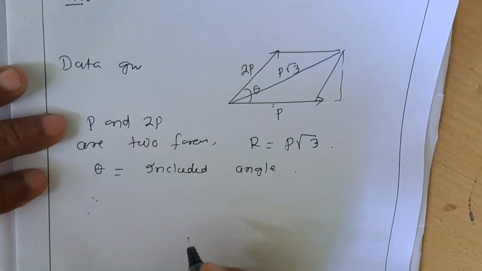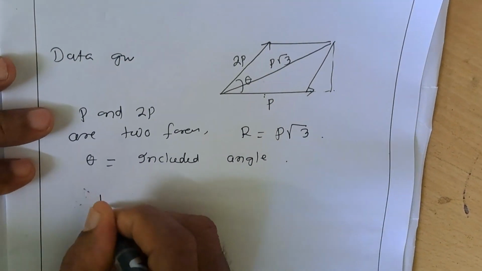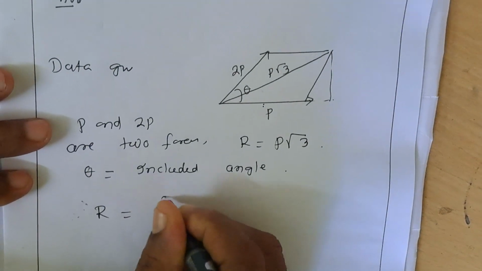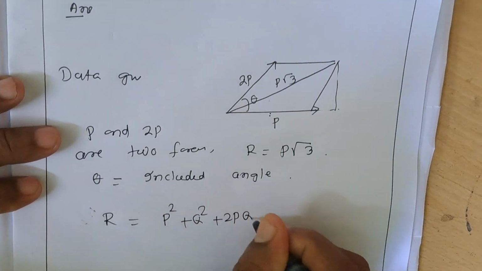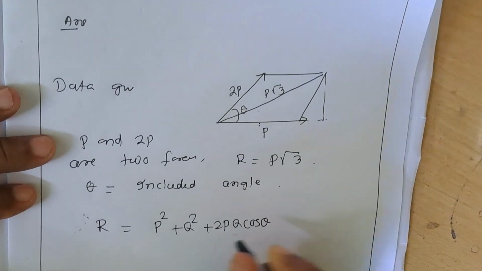Here we know that R is equal to root over P square plus Q square plus 2PQ cos theta.